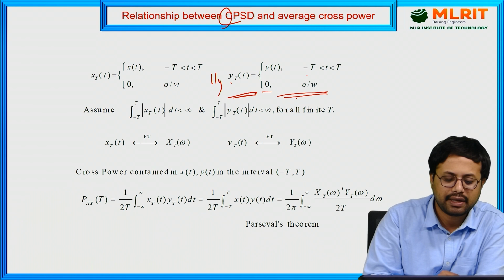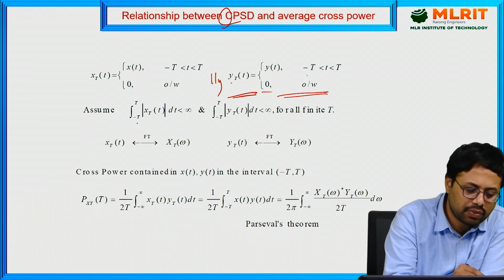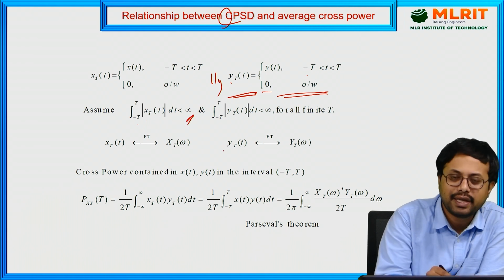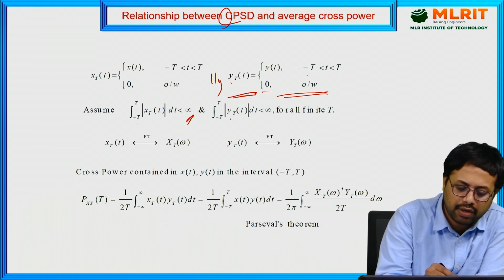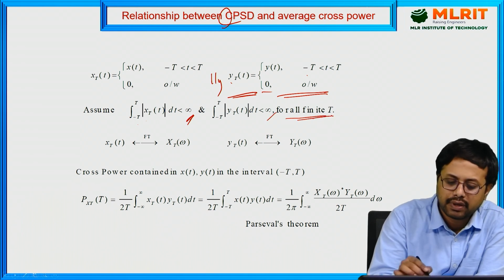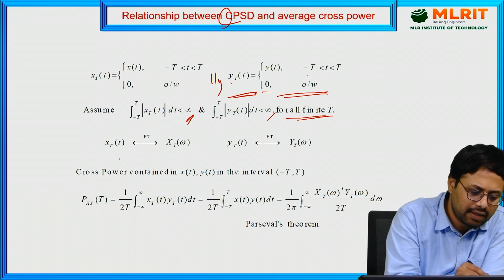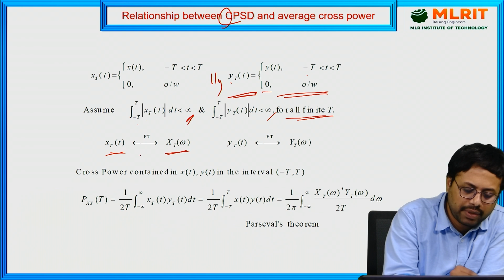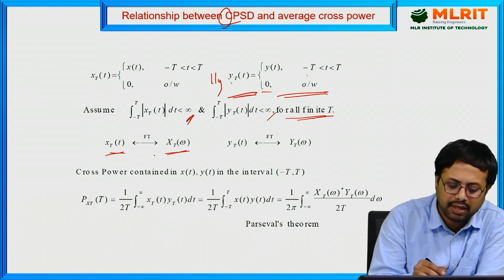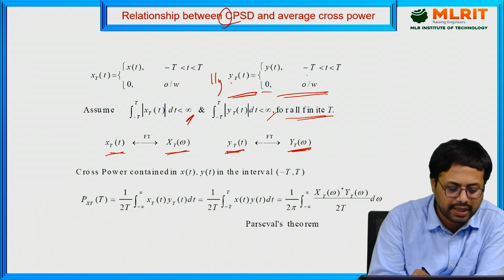Here the finite interval condition must be satisfied. That is why we assume the integral from minus T to T of mod xT of t dt is finite, and similarly the integral from minus T to T of mod yT of t dt is less than infinity for all finite values of T. Now we know the relation between the time domain and frequency domain. xT of t and xT of omega form a Fourier transform pair, and yT of t and yT of omega also form a Fourier transform pair.